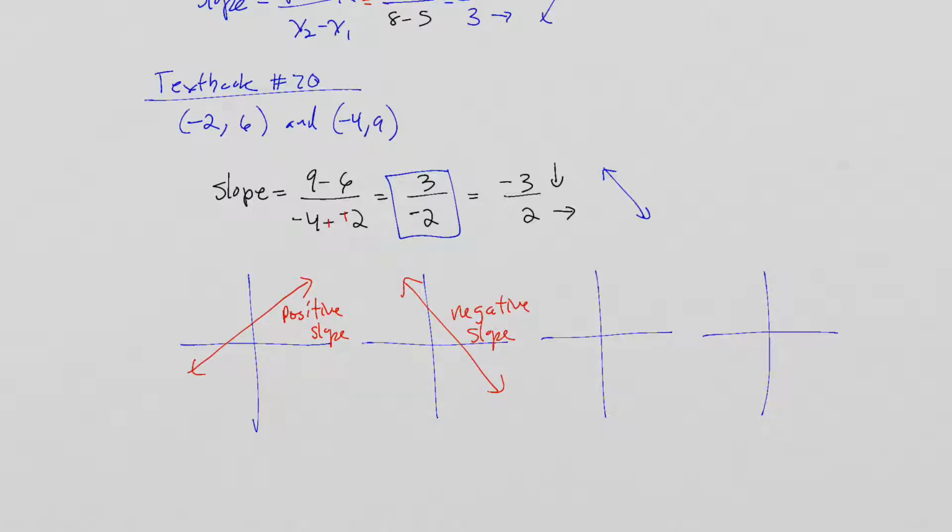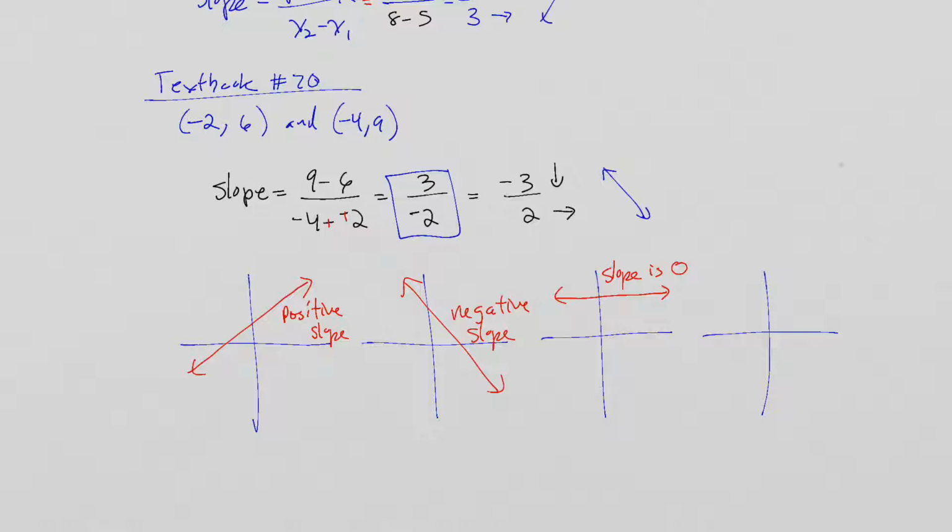And then we can talk about what if it has no steepness, like we mentioned before, it's just kind of flat, like the floor. So this one has slope 0. There is no steepness.